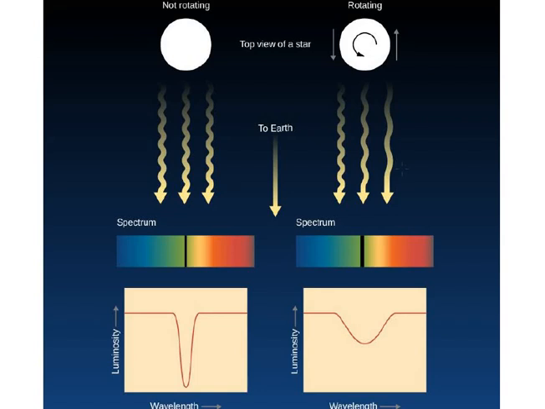So each observed spectral line is thus a sum of spectral lines originating from different speeds with respect to us. There will be a speed distribution.